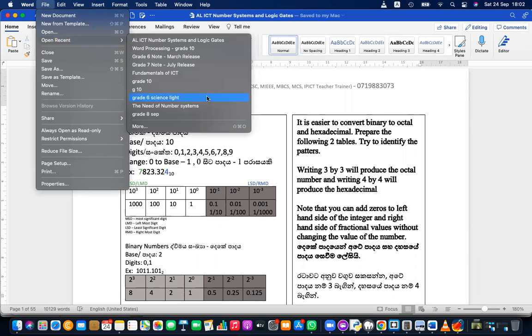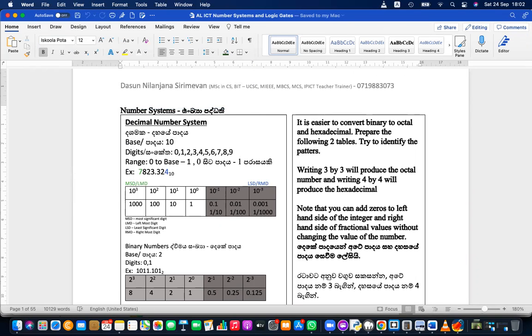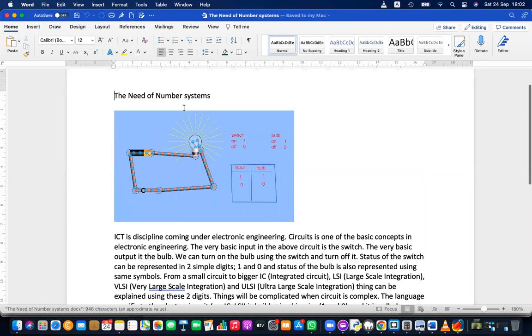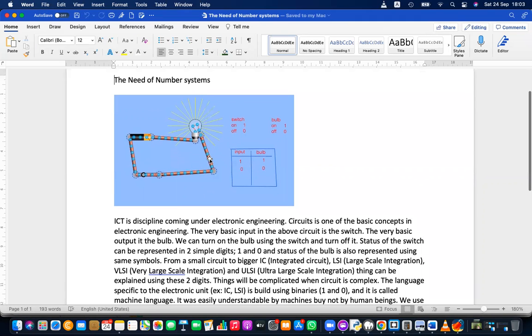Why? Because in the computers, we just discussed, it uses digital data, and the basic for this digital data or digital signals is digital circuits. In this digital circuit, the very basic movement is we can just show the status.